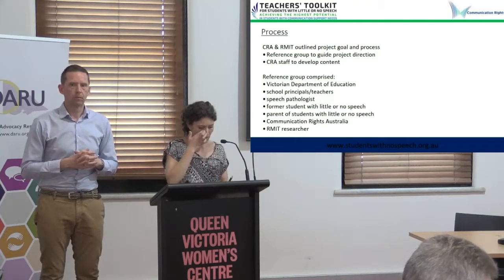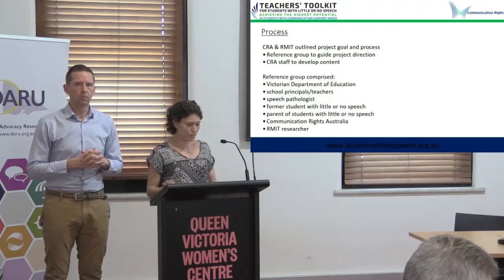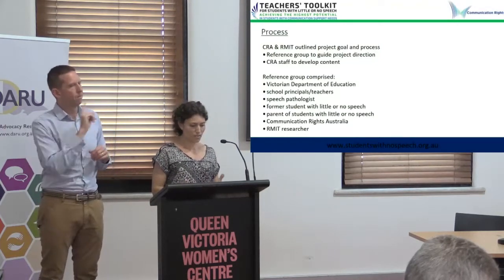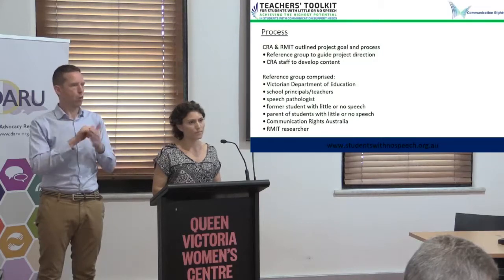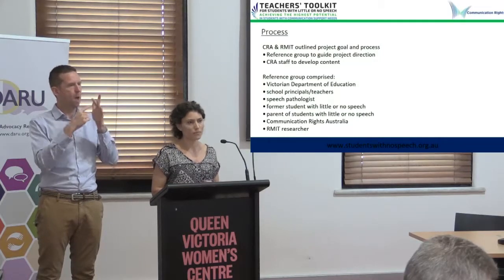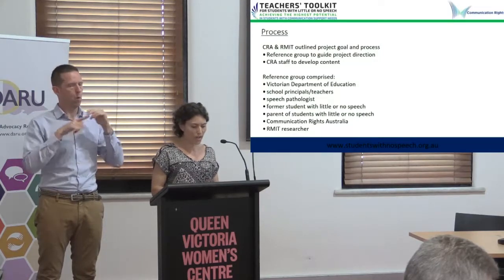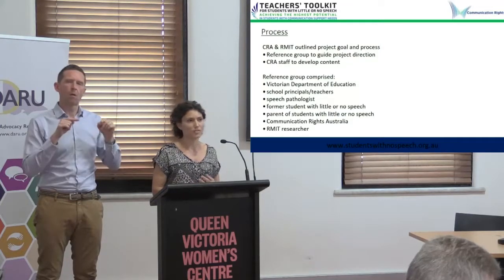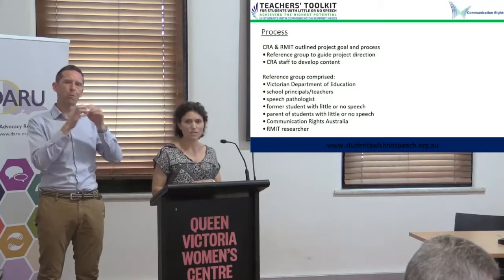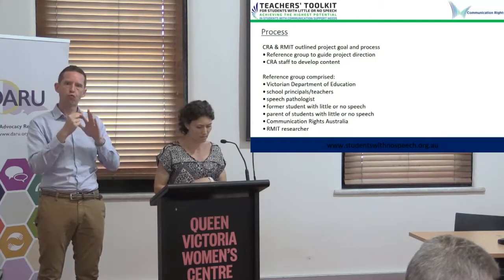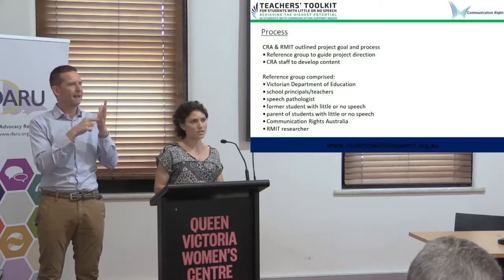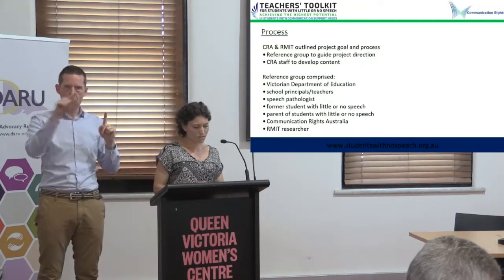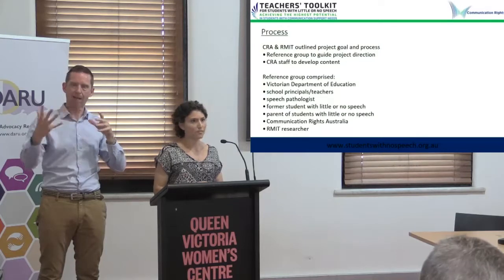The process involved Communication Rights Australia and RMIT developing the project proposal, and essentially it was establishing a reference group to guide the direction of the project, and as I think Natalie already went through, the different people and organisations we had involved in the reference group.